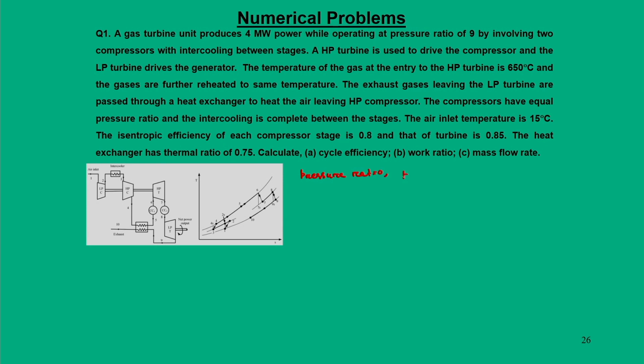That is P6 by P7 is equal to (T6 by T7s) to the power gamma by gamma minus 1, for an isentropic process. Here the gamma you have to take as 1.33 because this is for hot gas.